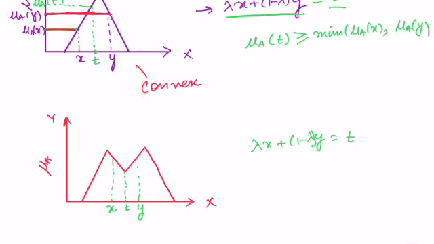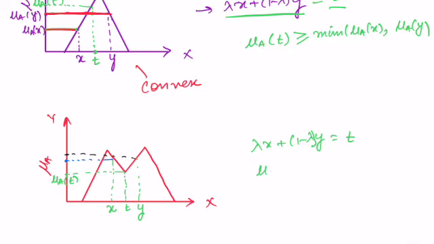So it lies here. Now see the membership grades. This is the membership grade at x. The membership grade at y is, say, somewhere here. So this is for y. And let us see the membership grade for t. So this is mu A t.